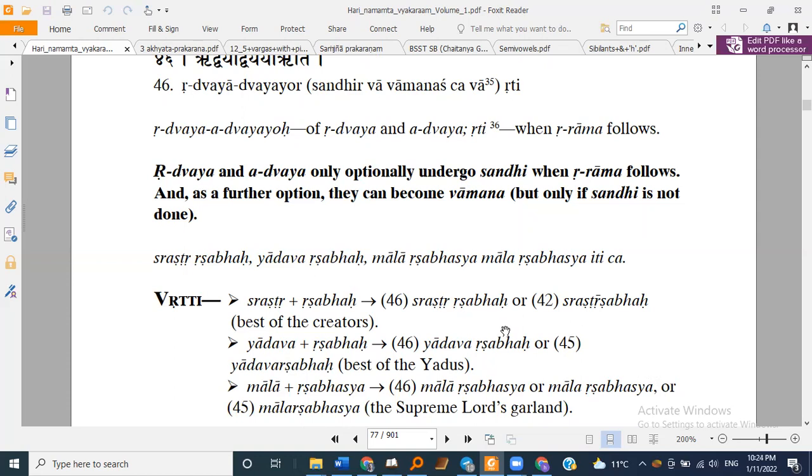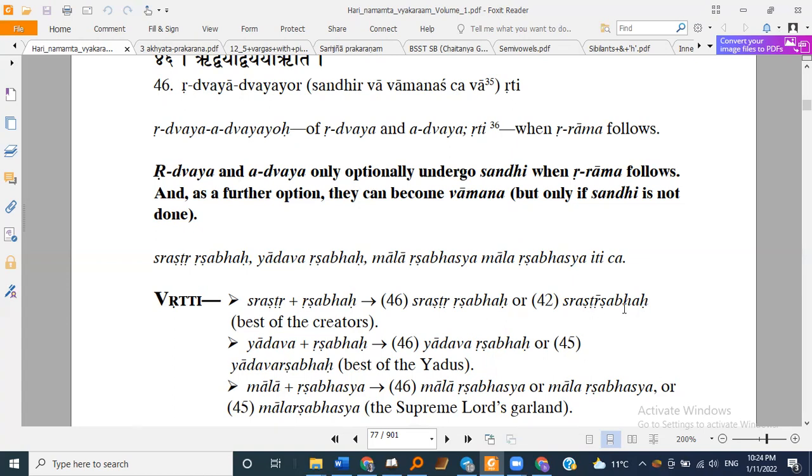And another time we do Sandhi, we will do Sutra 42, Dashavatārikātmake Militva Trivikrama, because this Ri is a Dashavatara and the second Ri is an Ekatmaka of the first one. So they both are replaced by their Trivikrama version and we get Srashtri Shabha.